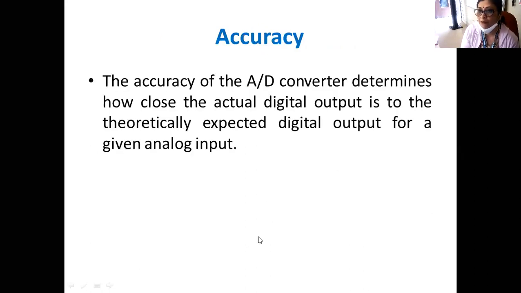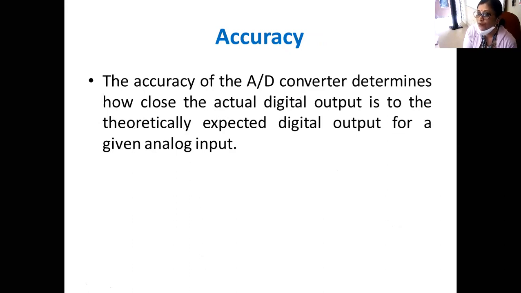Now the next parameter that we are going to define is the accuracy. Accuracy determines how close the actual digital output is to its theoretical expected digital output. In the same way, we defined accuracy in the case of a digital to analog converter.